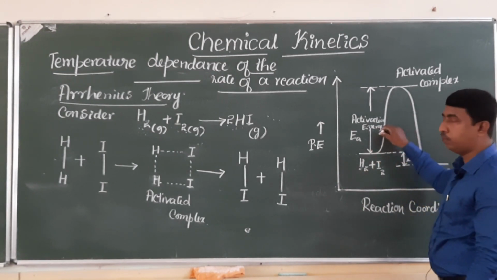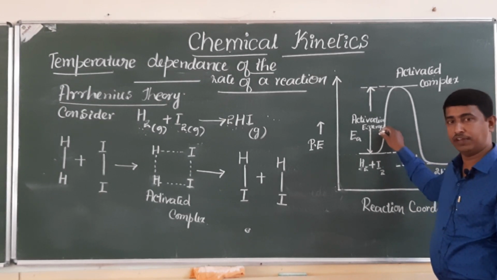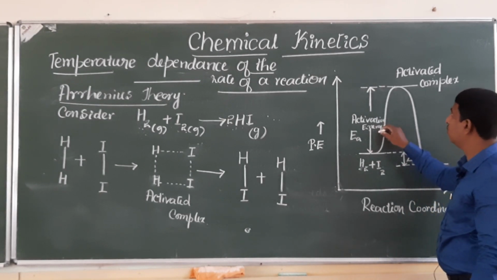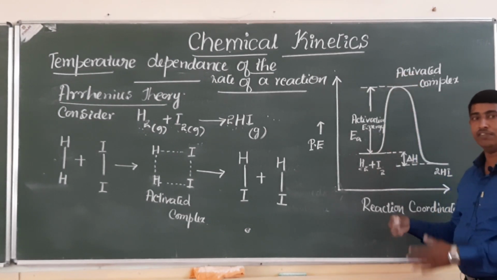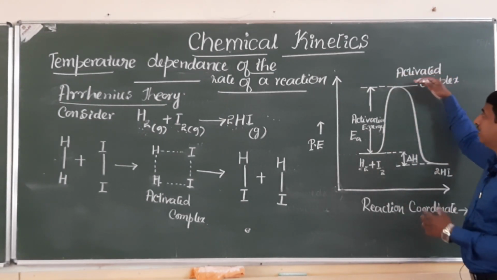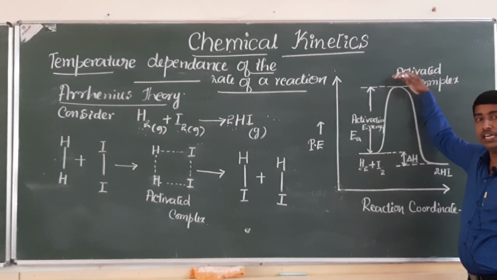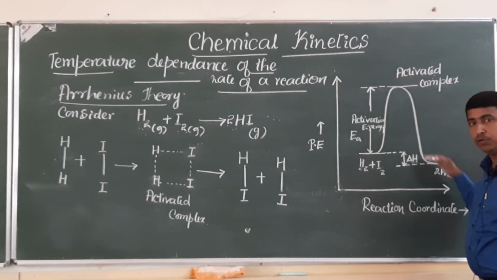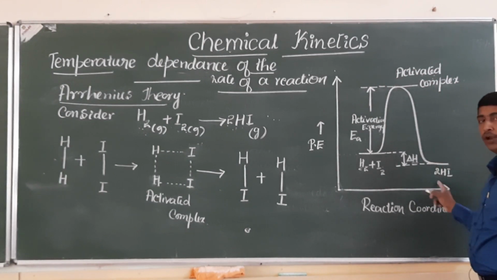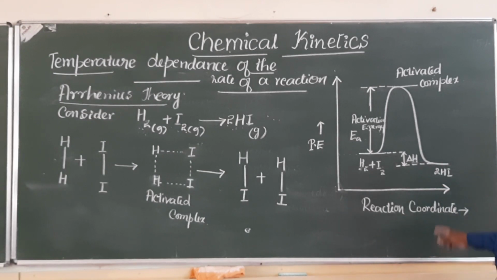So if a molecule possesses a sufficient amount of energy, then upon collision, it can form the activated complex. Afterwards, the activated complex, being in a higher energy state, is unstable, so it readily decomposes to give the products, that is 2 molecules of HI.